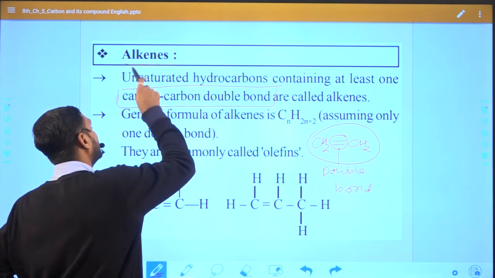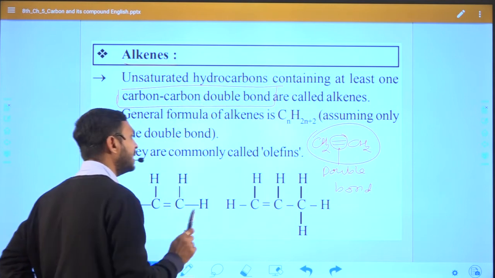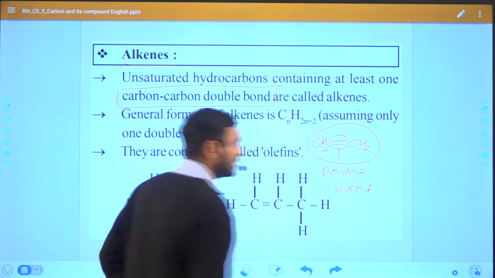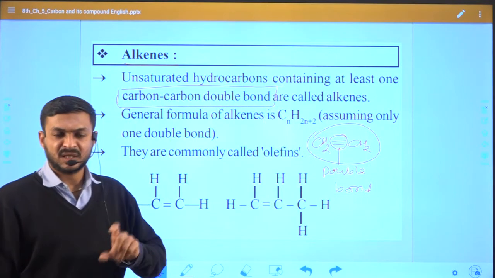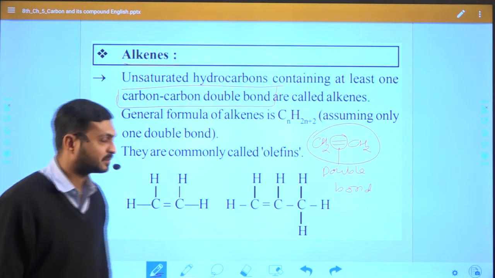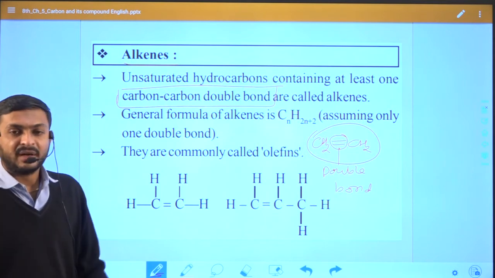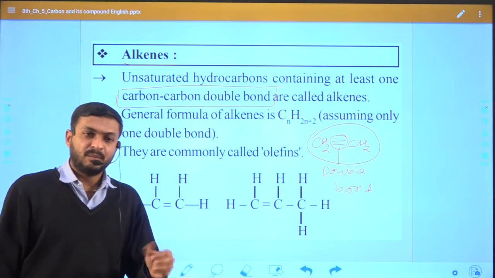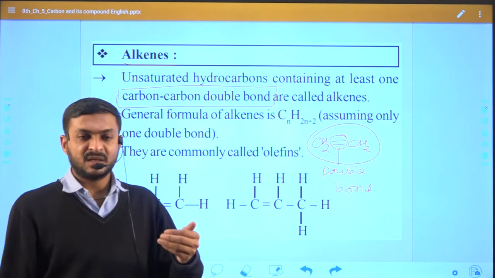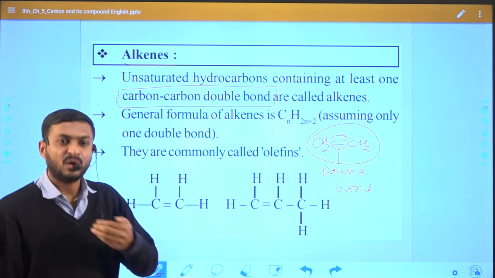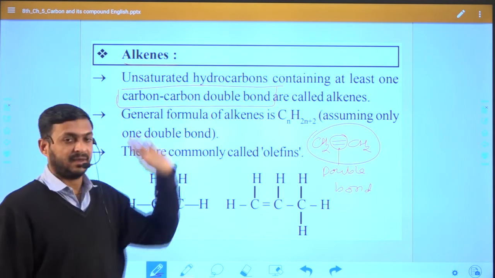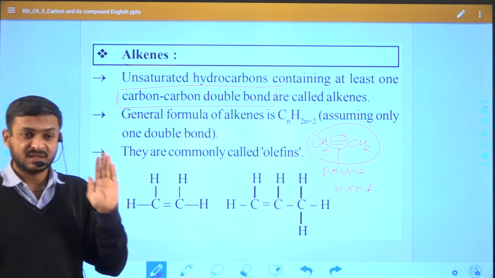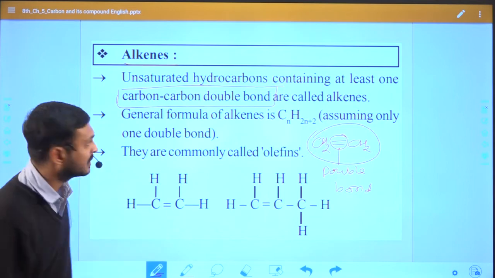Alkene is specifically categorized as unsaturated because the compound contains at least one multiple bond. Single bonds may also be present, but if a double bond is also present, we consider the compound an alkene.